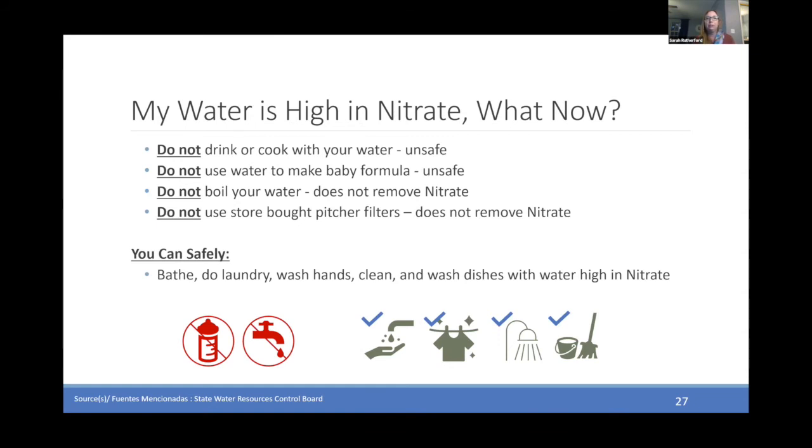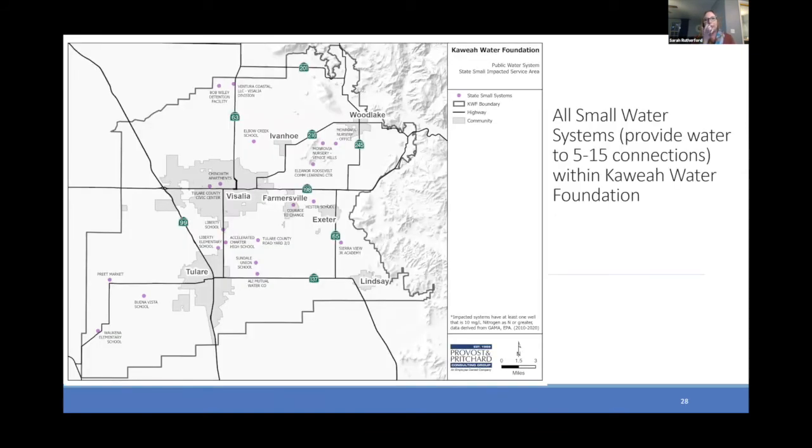This map illustrates all of the small water systems, defined as 5 to 15 connections or households, within the Kauai Water Foundation service area. These are smaller communities, illustrated here with a purple dot.